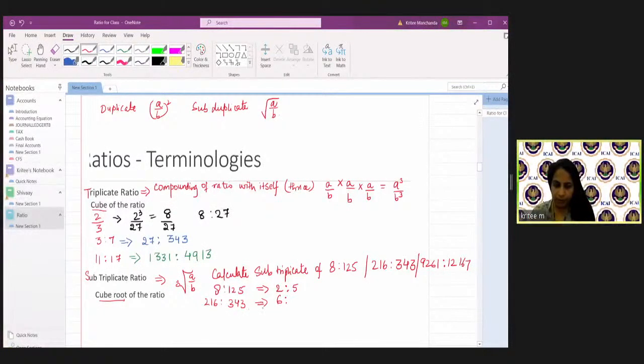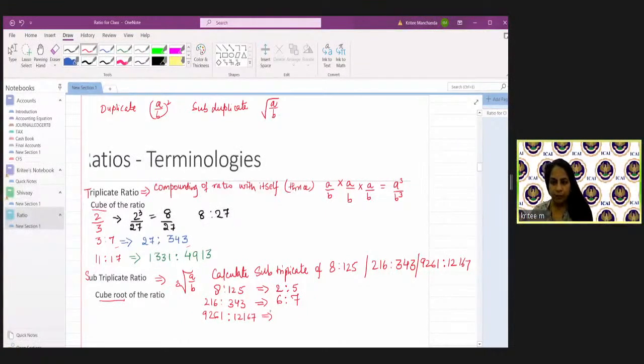What number do we multiply thrice so that we get 343? 7. We just did that calculation here. I hope you're enjoying this. Now again for 9261, 12167. Before, you might have tried definitely, and to give the answer also.